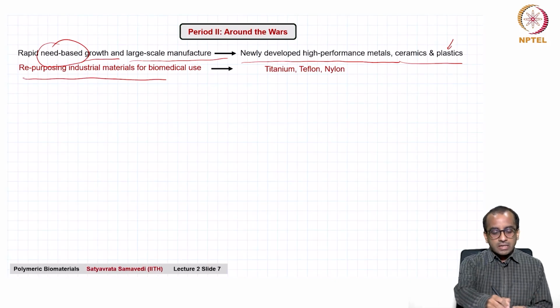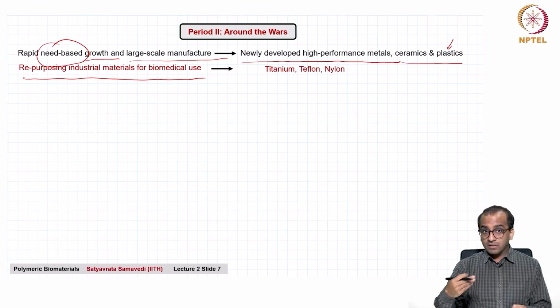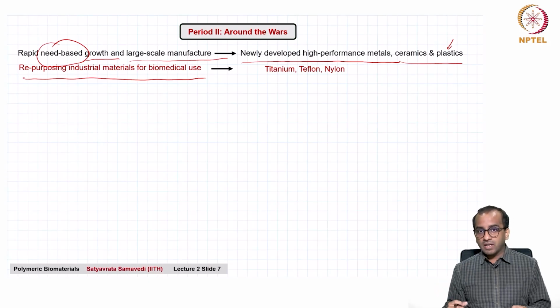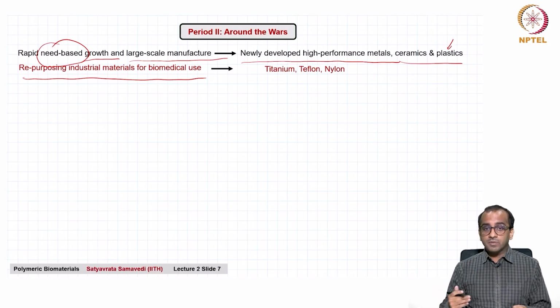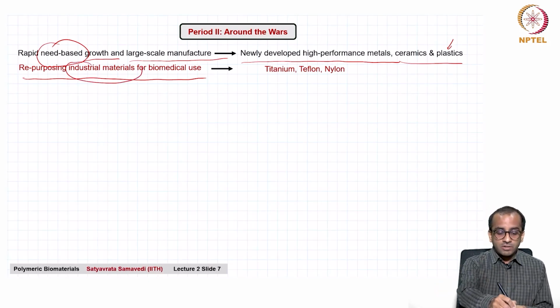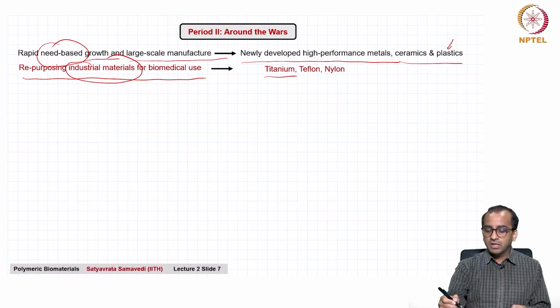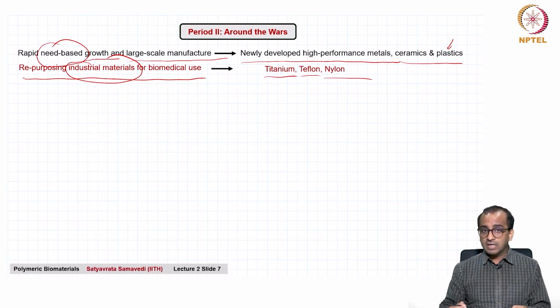And the philosophy here during the wars especially was not to develop new materials per se for clinical or biomedical applications, but to repurpose industrial materials, believe it or not, for biomedical use. And a lot of it happened to be serendipitous, as we will see very shortly. Some examples of those include titanium, Teflon and nylon.